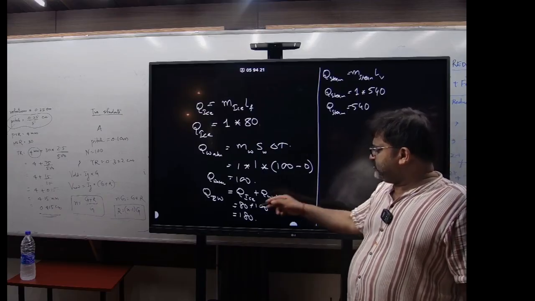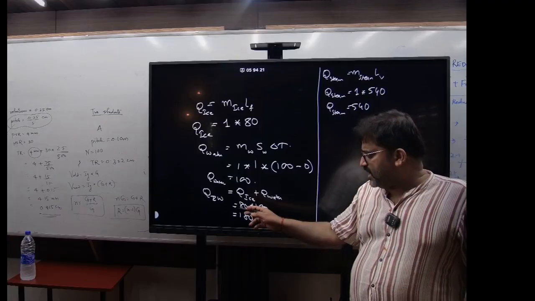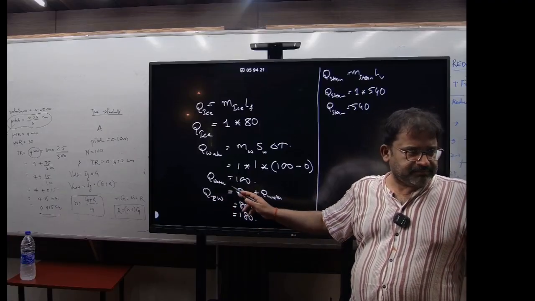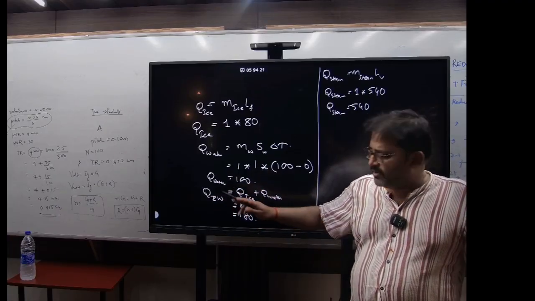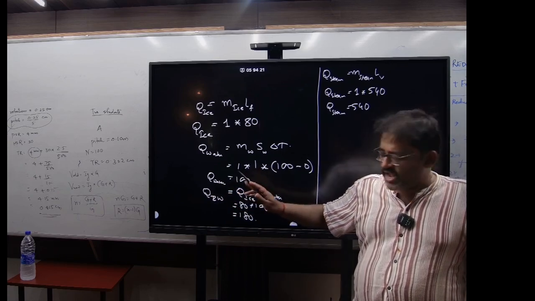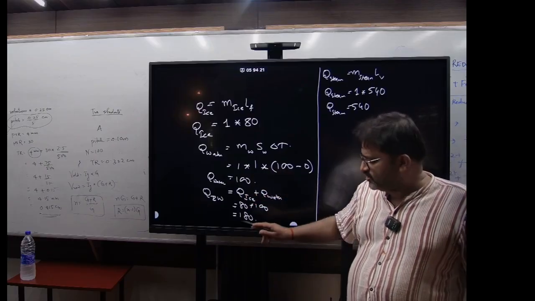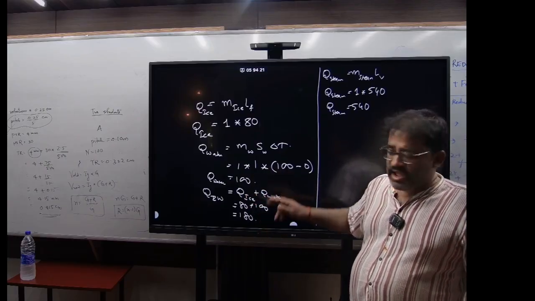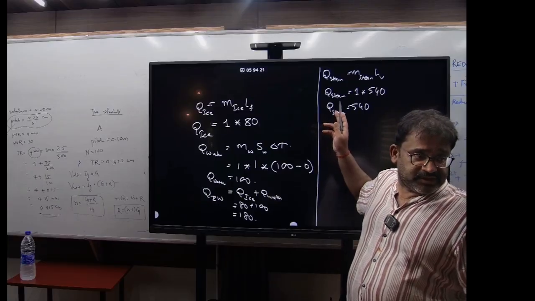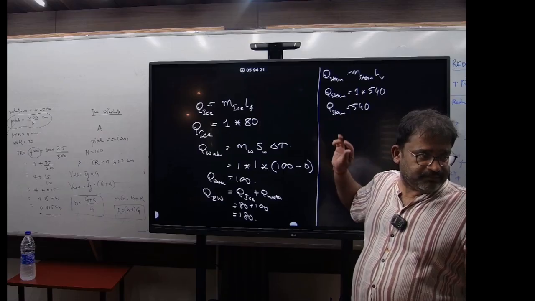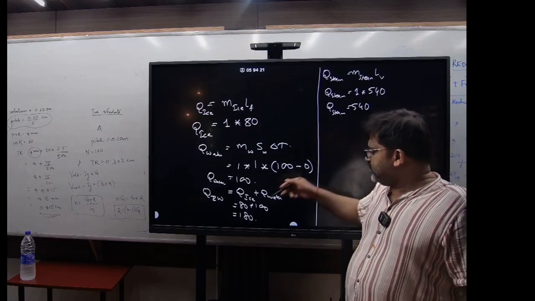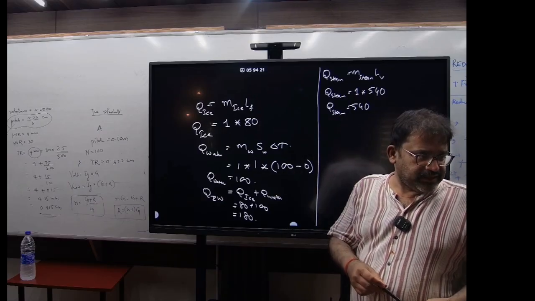Now compare this with this. Here I can see that the complete heat ejected by ice and water when it is converted to steam is 180. And what is the heat ejected by the steam? It is 540. That means 540 is greater than 180.